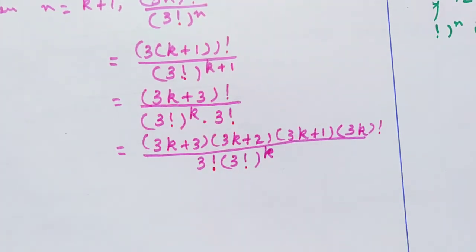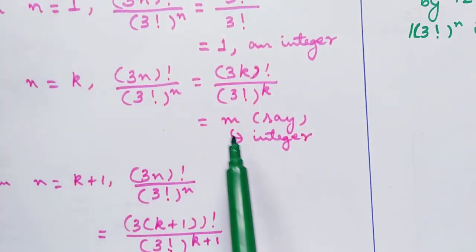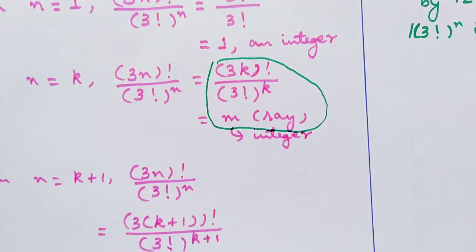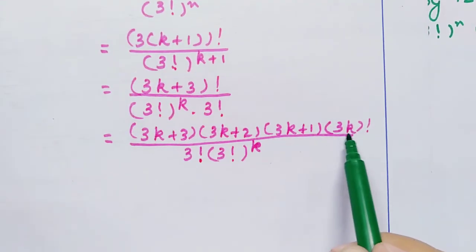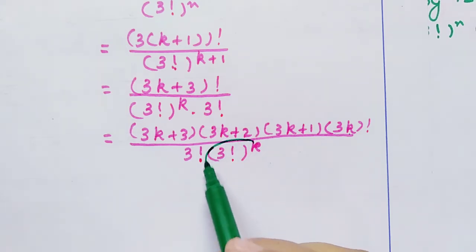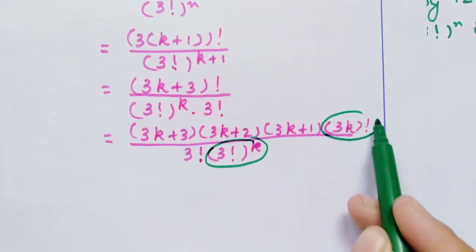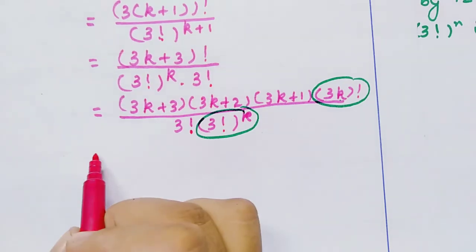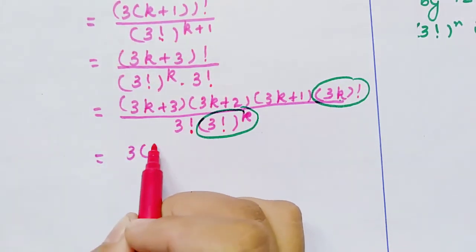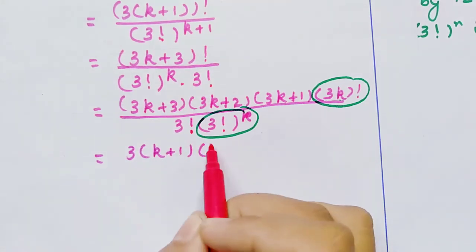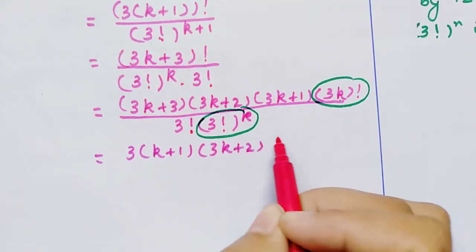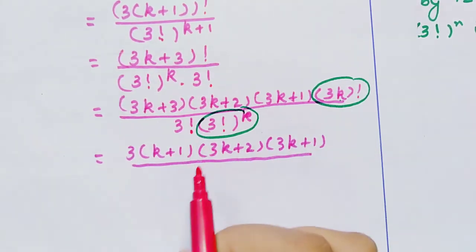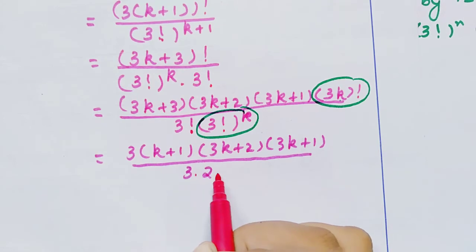Okay, now have a look here. Here we have assumed that this one is an integer and that is m. So see, (3k)! / (3!)^k is an integer, that is m. So now we have, from here, 3 and inside we have (k+1), (3k+2), (3k+1), divided by 3! means 3 into 2 into 1.